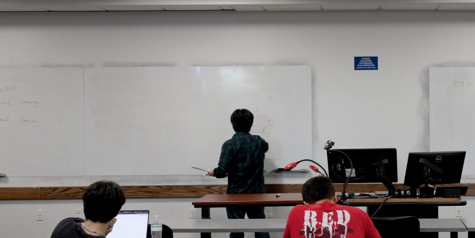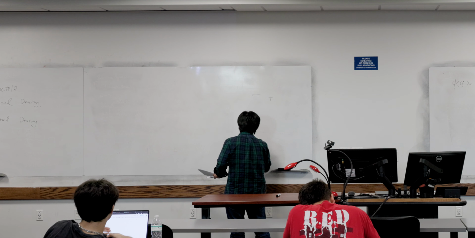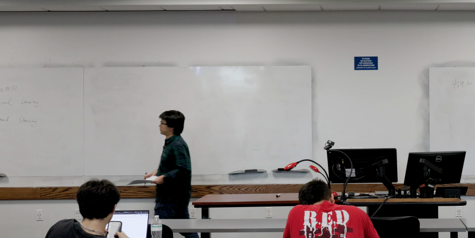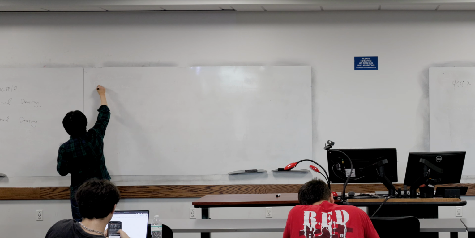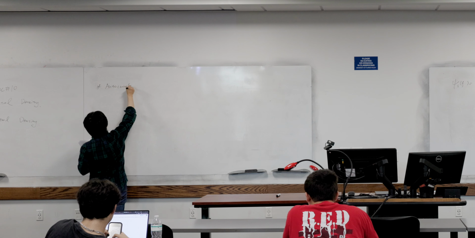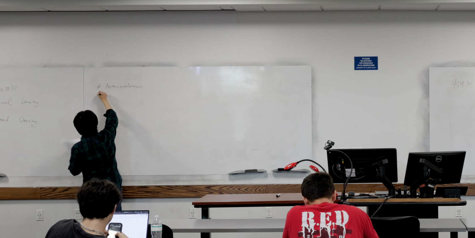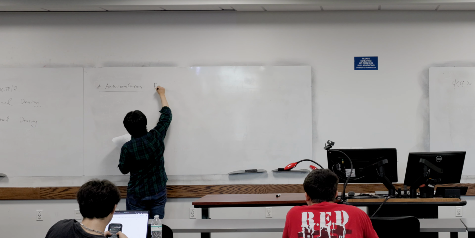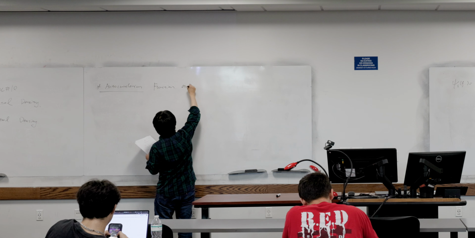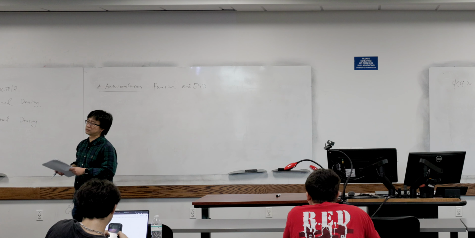So now we're going to introduce a concept that seems unrelated, but you're going to see the relationship in a minute. It's called the autocorrelation function. Actually, that has a very nice connection to power spectral density.